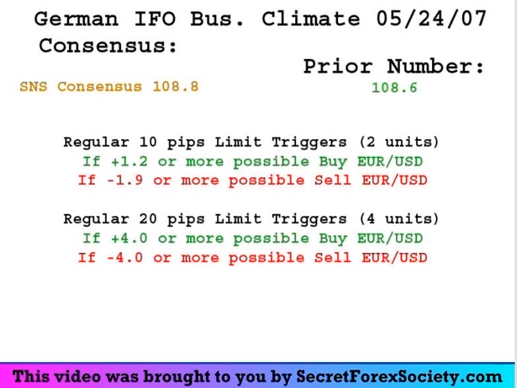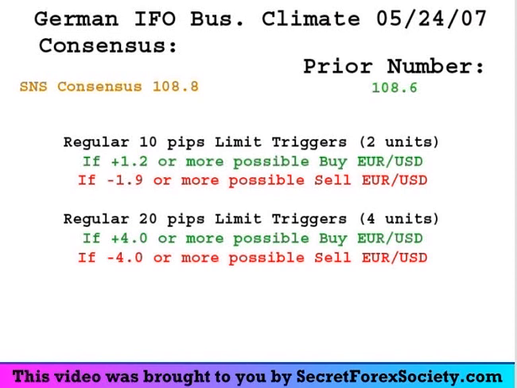I think it could move the euro by 40-50 pips, and I think using regular 20 pips limit triggers could be warranted, because we may see a move of 40-50 pips. But I really doubt that such big deviations could actually come out. So we'll have to look and see.